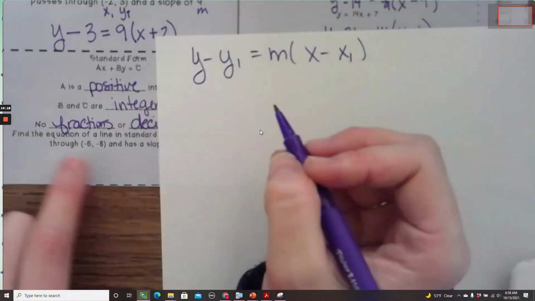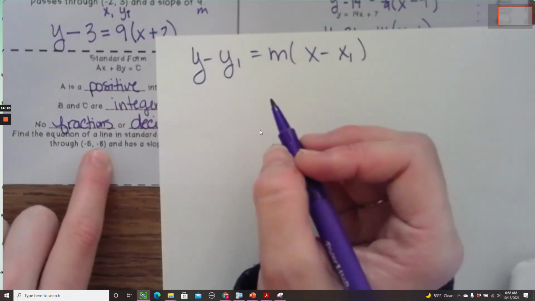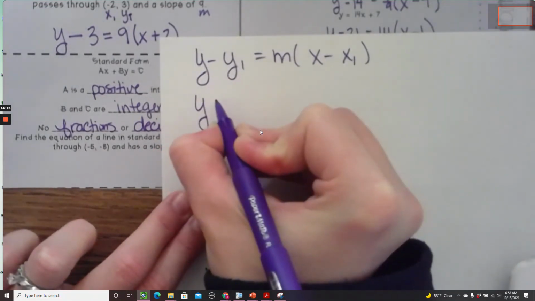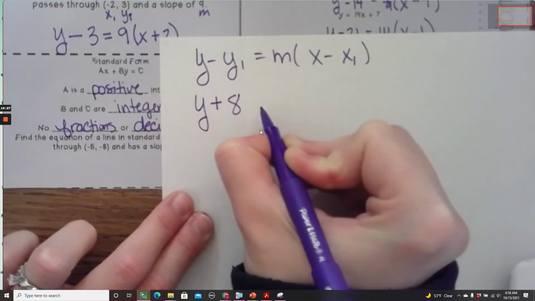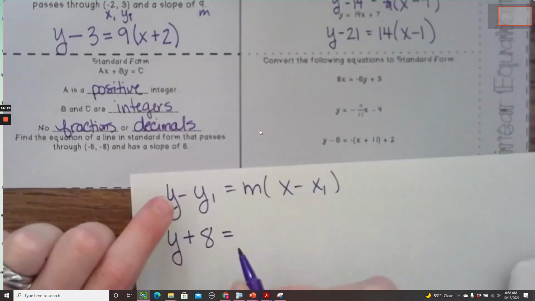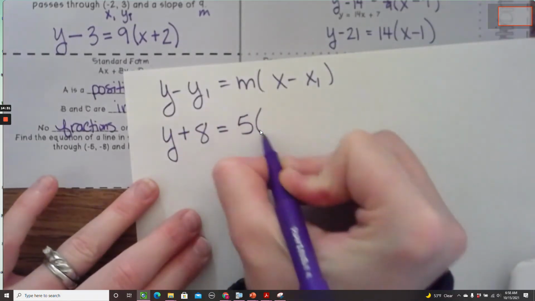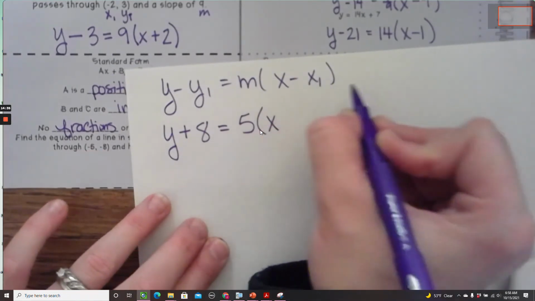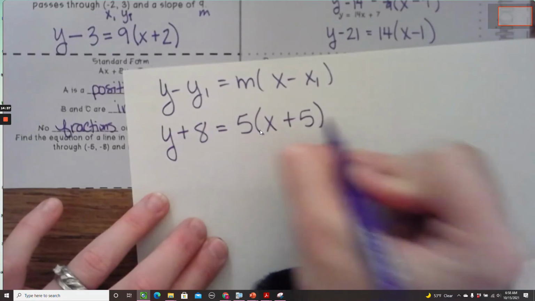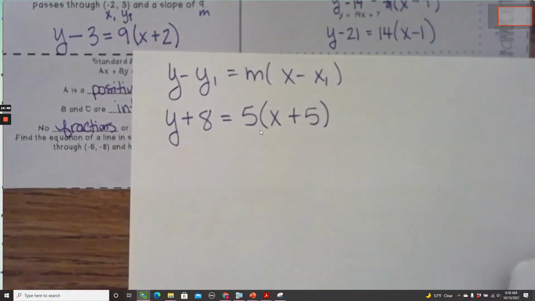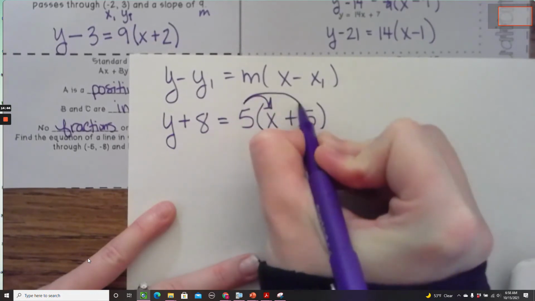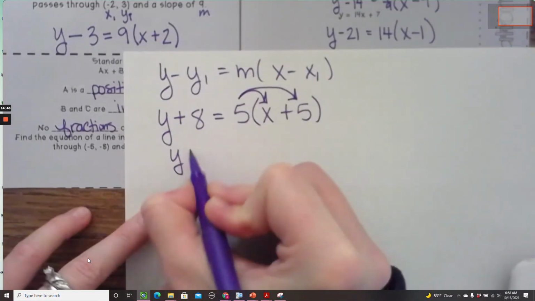All right, so my y1 is a -8, so y minus a -8, I'm just going to add a positive 8. It's the same thing. My slope is 5, and then x1 is a -5, so not minus a -5, just plus 5. So now I can simplify this to make it easier to work with.